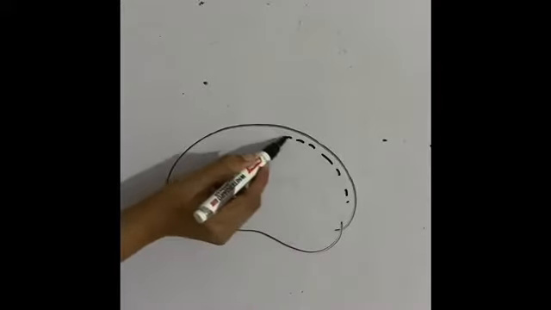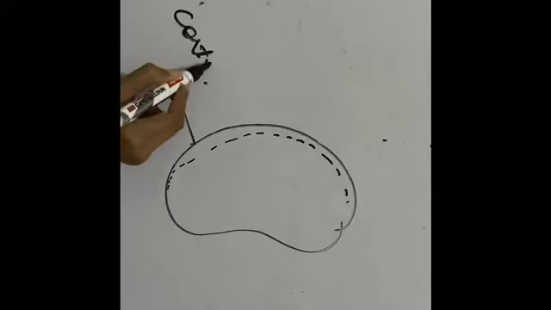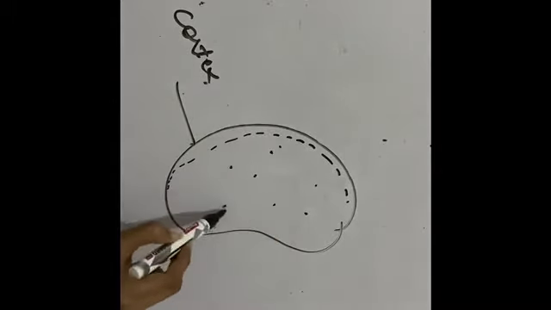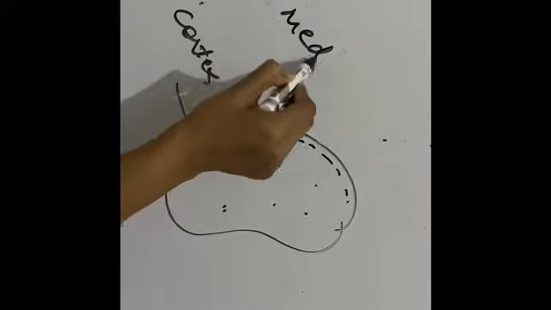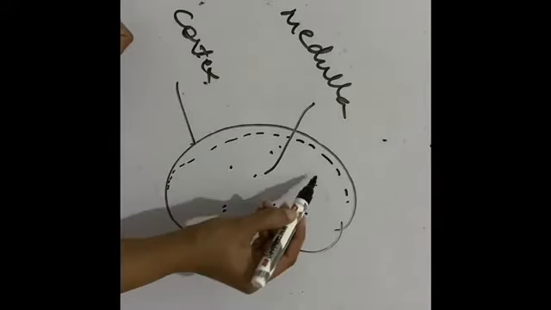The outer one is known as the cortex, and the rest, the inner part of the kidney, is known as the medulla. So it has two main portions: the outer one is the cortex, the inner region is the medulla. Now the cortex is a bit dark and the medulla is a lighter region, and the medulla is composed of some pyramids.